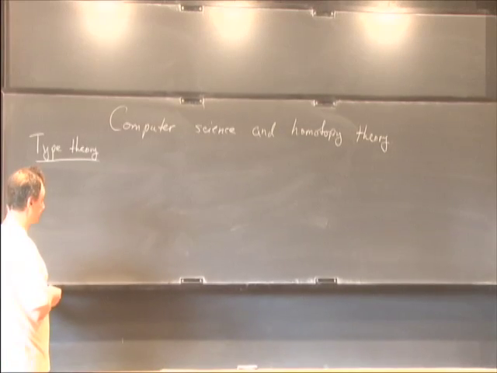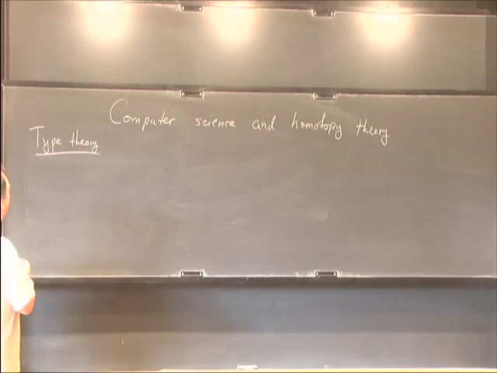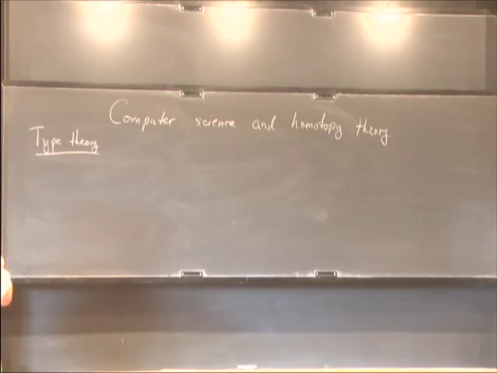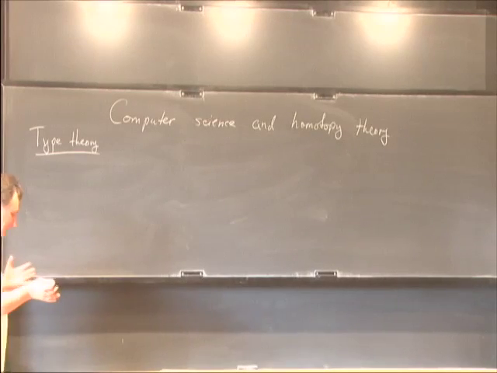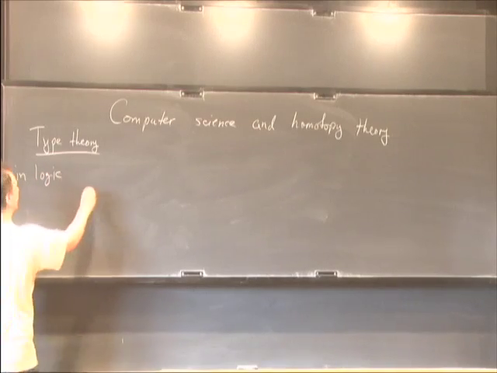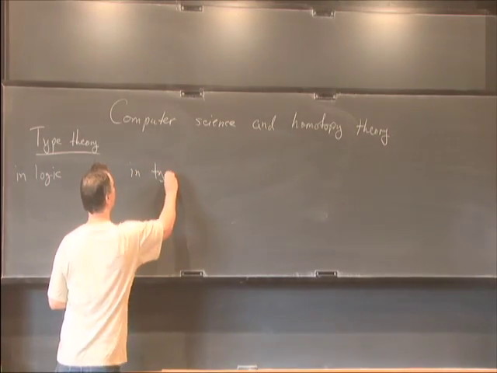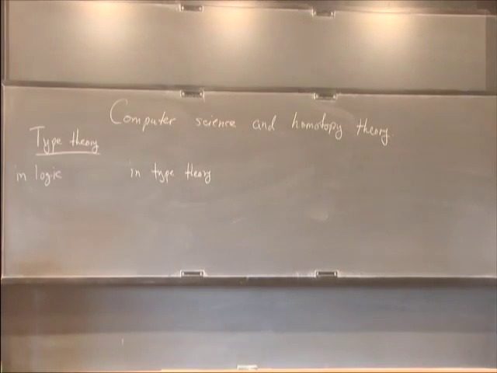It's probably standard to consider it as a kind of alternative to logic or to set theory. So in logic and in type theory, the units of expression in logic are sentences.